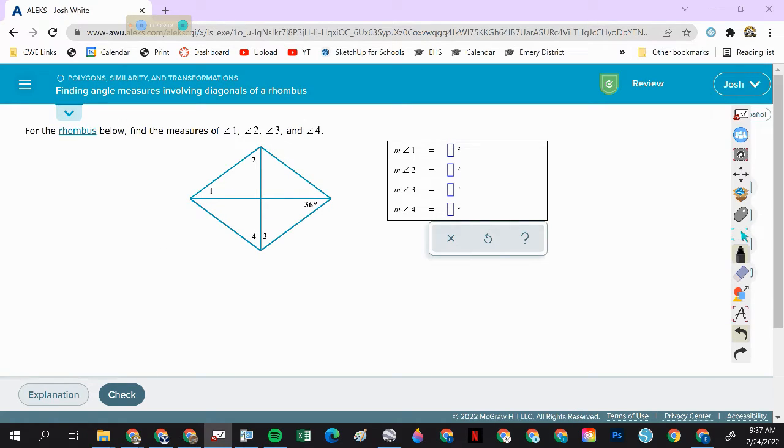So, if this is 36 and this is 90, then angle 3 would have to be 180 minus 90, which is 90, minus 36, which is 54. So angle 3 is going to be 54. Well, if 3 is 54, then 4 is also 54, which means this is 36, which means this is 36, which means this is 54.